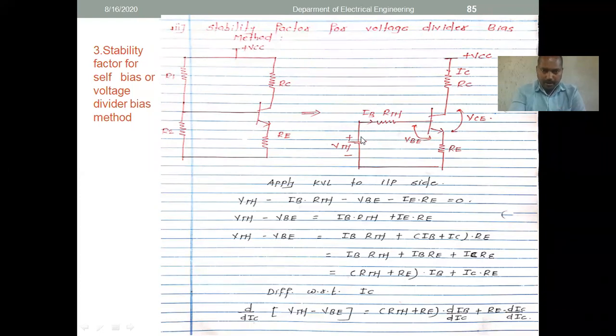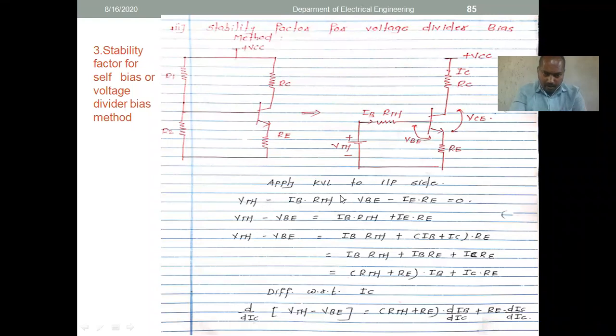Starting with VTH, minus IB into RTH, minus VB, because the second point is considered as minus. Current flowing through this is IE, so minus IE into RE, which is equal to 0. So the equation is VTH minus IB RTH minus VB minus IE RE equals 0.